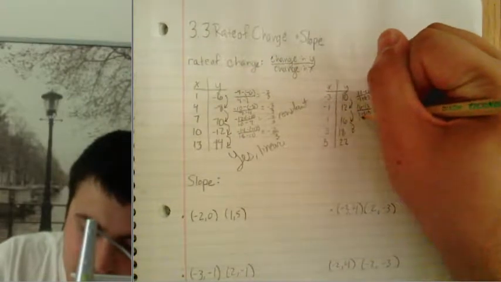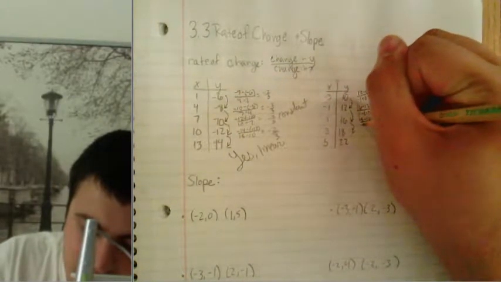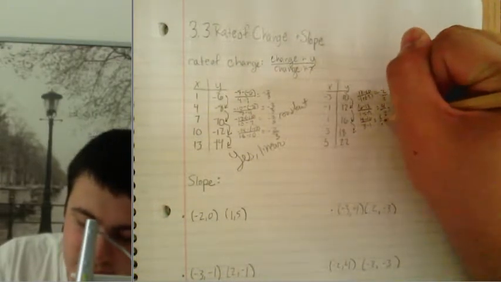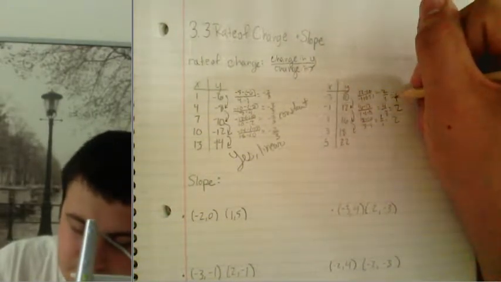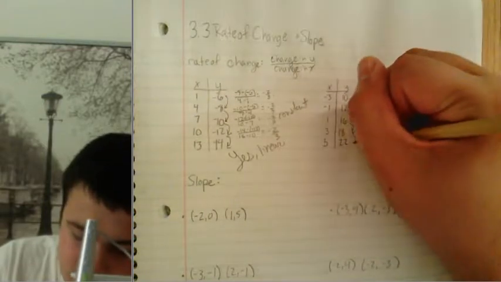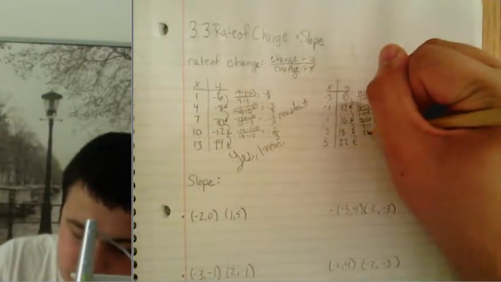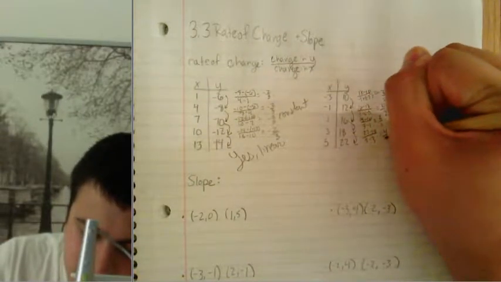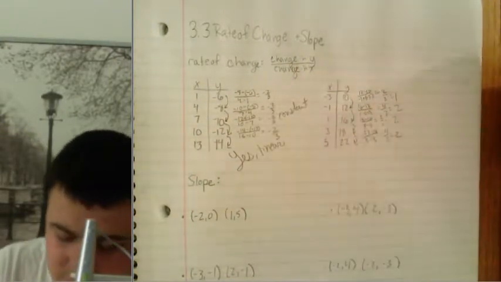From here to here, 18 minus 16 over 3 minus 1. That gives us 2 over 1, which is 2. And from here to here, we go 22 minus 18 over 5 minus 3. That gives us 4 over 2, which is 2.